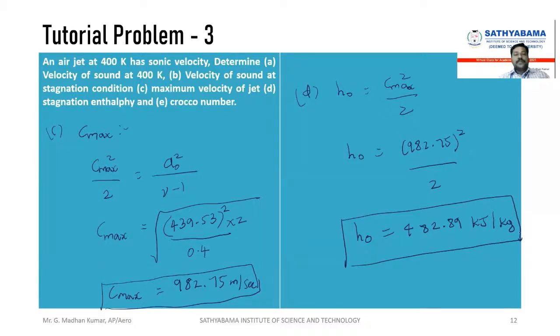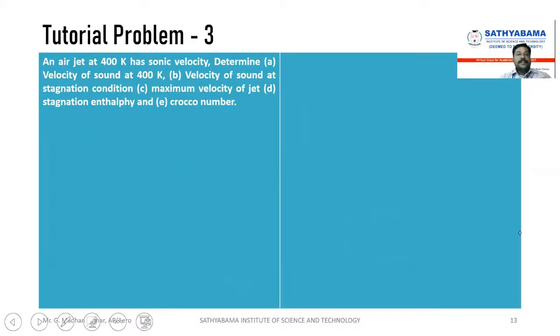So 482.8. Okay. So you may also evaluate that. You can use the other formula, A naught square by gamma minus 1 also. You will obtain the same answer, right? And then after evaluating this stagnation enthalpy, at last we have to find Crocco number. Okay. Can you tell me the value of Crocco number now?